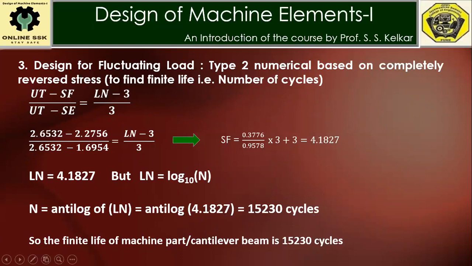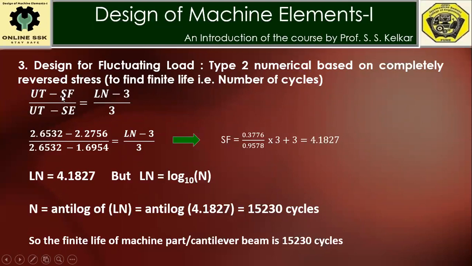So in this way we can use the same formula which we had previously used for designing. There Ln was known, we were in a position to calculate Ln, and Sf was unknown. Using this formula Sf was calculated, and based on this Sf, that is safe or permissible fatigue stress, we calculated the unknown dimension by equating Sf with S induced.